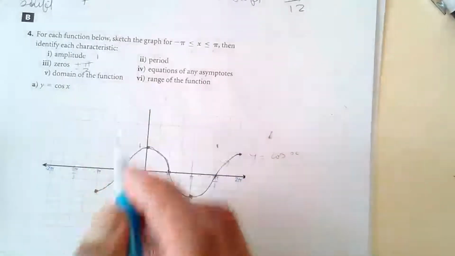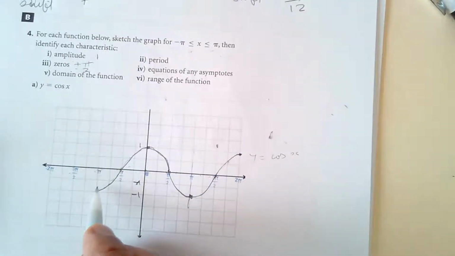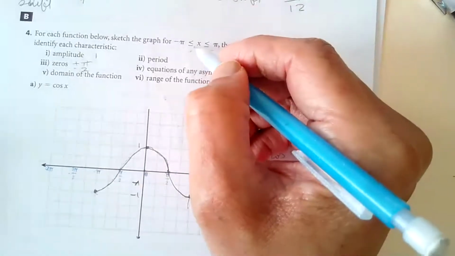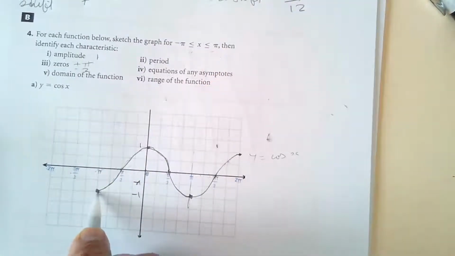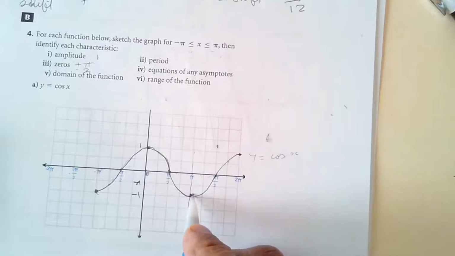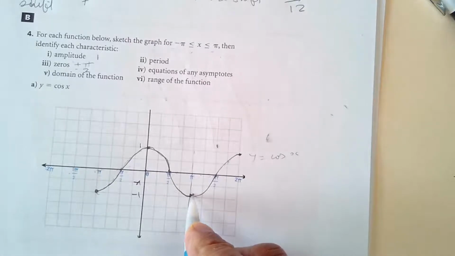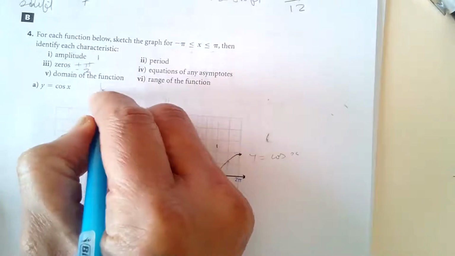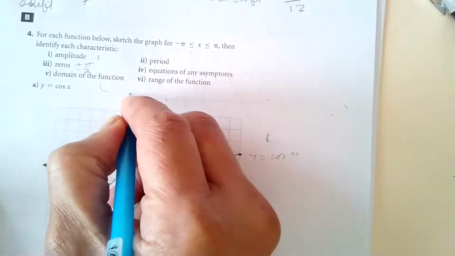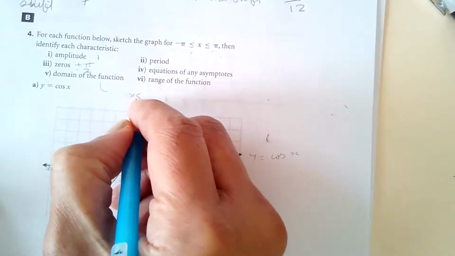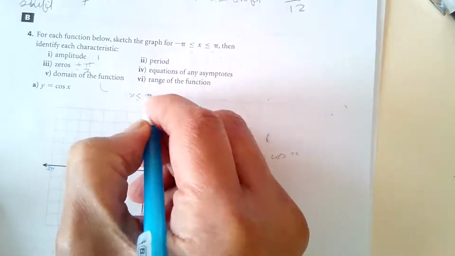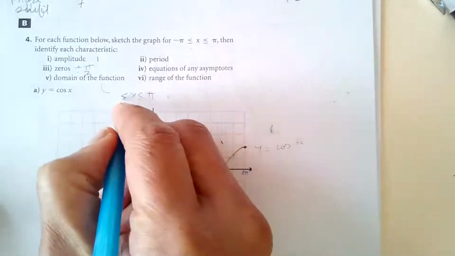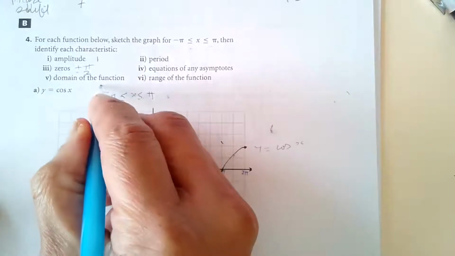The domain would be all the real numbers, but in this case the domain is from negative pi to pi, so x is between pi and negative pi.